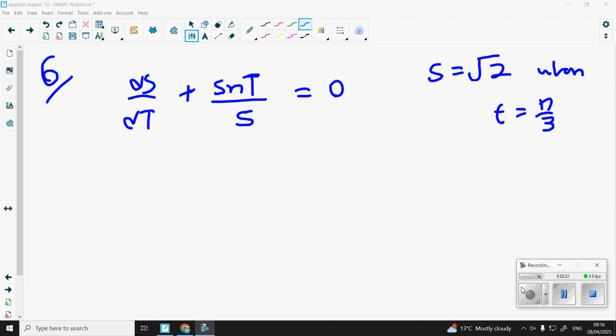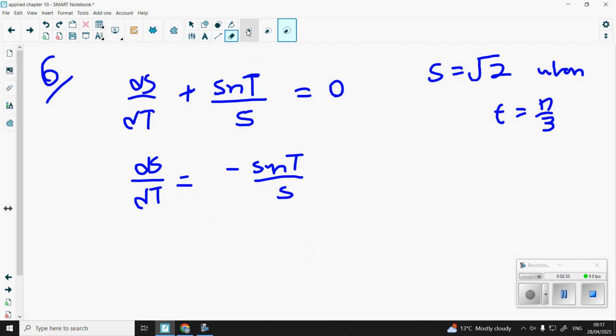There we go. So ds/dt is minus sine t all over s, cross multiply. We're going to get s ds equals minus sine t dt.